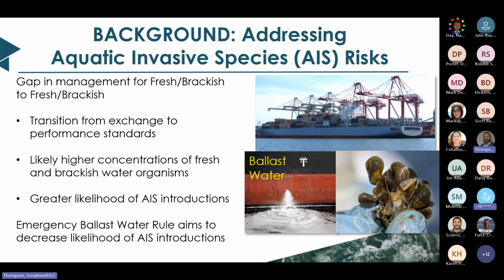That was likely because there was a higher concentration of fresh and brackish water organisms that weren't exchanged mid-ocean, and therefore it led to a greater likelihood of aquatic invasive species introductions. So the emergency rule aims to decrease the likelihood of these introductions.